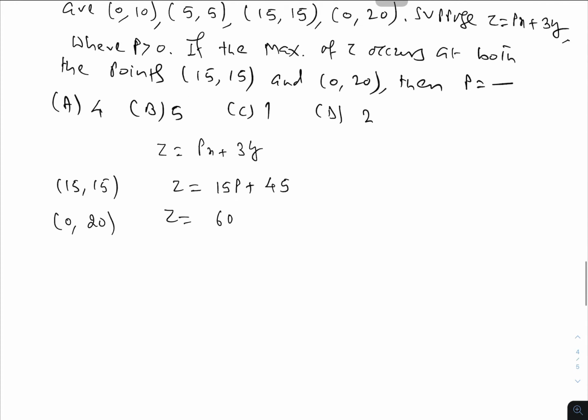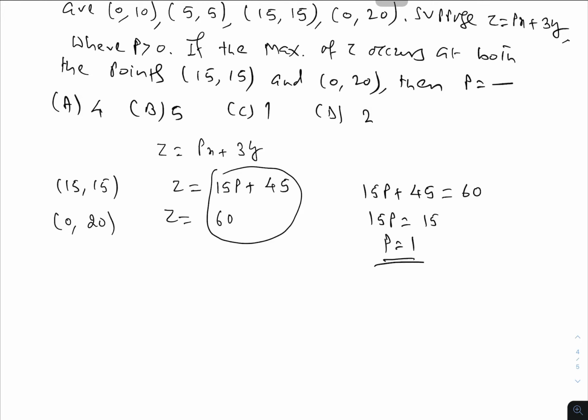And these two are the same. So 15p plus 45 equal to 60, and therefore 15p equal to 15 and therefore p equal to 1. So this C is the option.